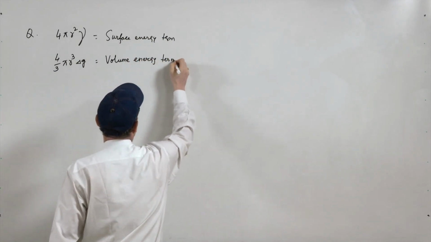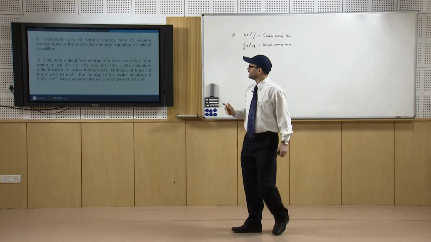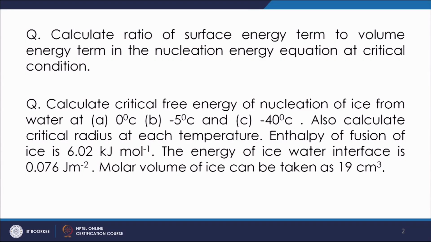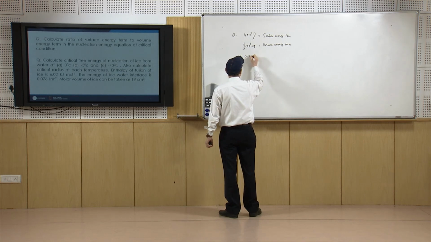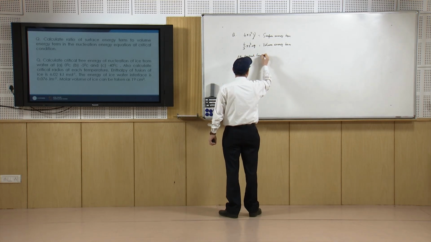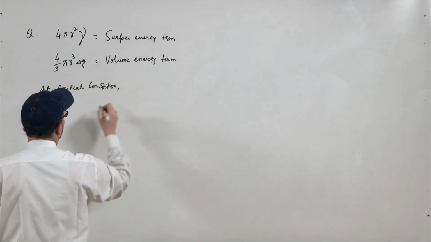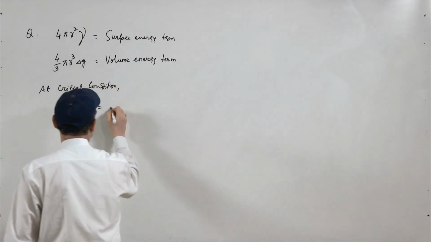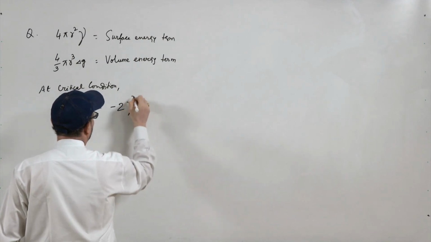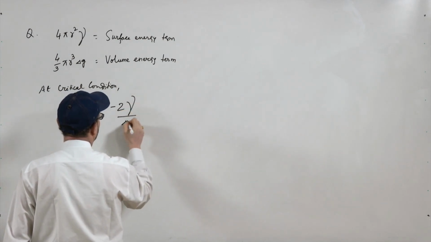Now, we are supposed to find the ratio of these two terms for the critical condition. At critical condition we get the critical radius as minus 2 times gamma upon delta g.